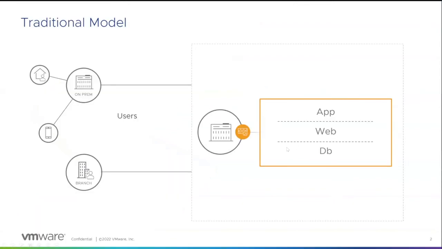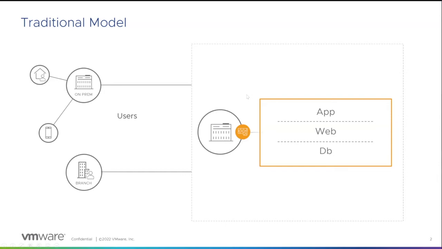So the way that things have traditionally been in the IT world, users primarily connected from an office, or a smaller subset of users would have worked remotely. In the data center, very traditional web app and database, the three-tier model that we all know and love, and that's been around for a long, long time.